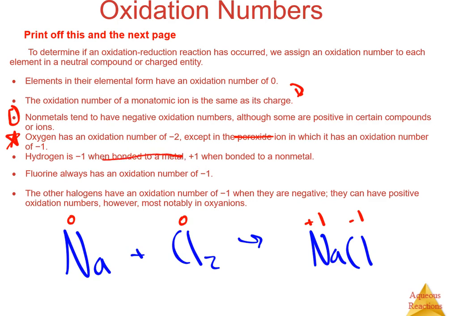We're going to worry about the other half most of the time. All right, fluorine always has an oxidation number of -1. The other halogens have an oxidation number of -1 when they are negative, but they can have positive oxidation numbers, however, most notably with oxyanions. Okay, so that's a lot to digest, but we'll work through each example.